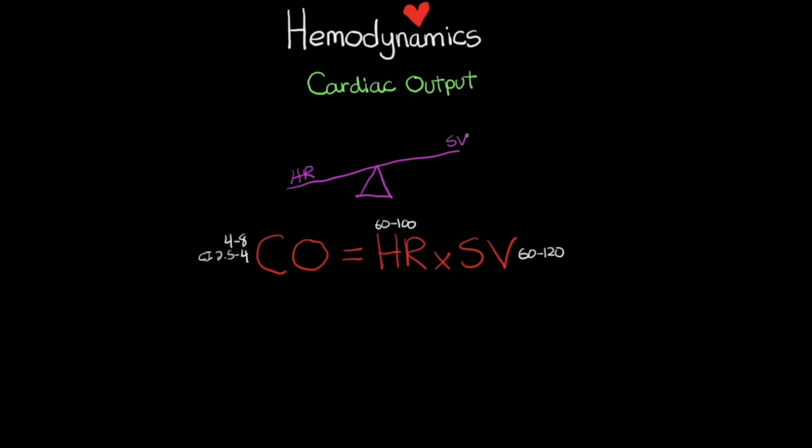So if our stroke volume is high, we're going to have a lower heart rate as a result. And by the same token, if our stroke volume were to decrease, then we would see our heart rate increase in an attempt to compensate for that decreased stroke volume. So without much ado, let's go ahead and move on to the first component of our cardiac output, which is going to be our heart rate.